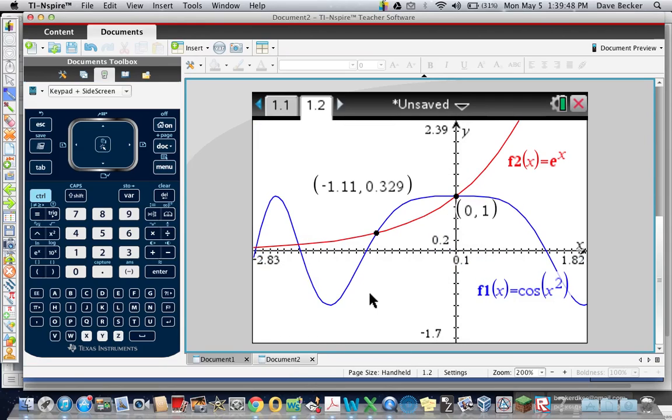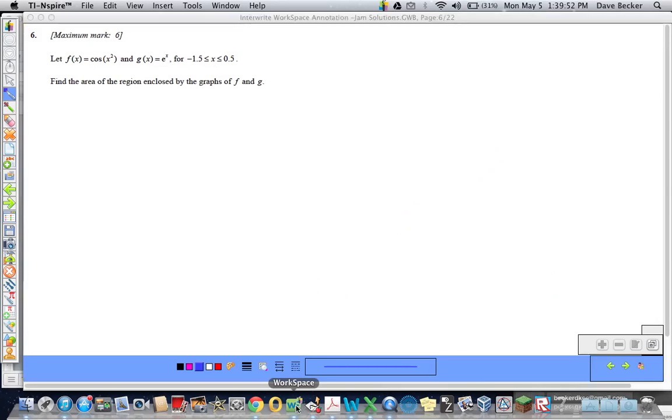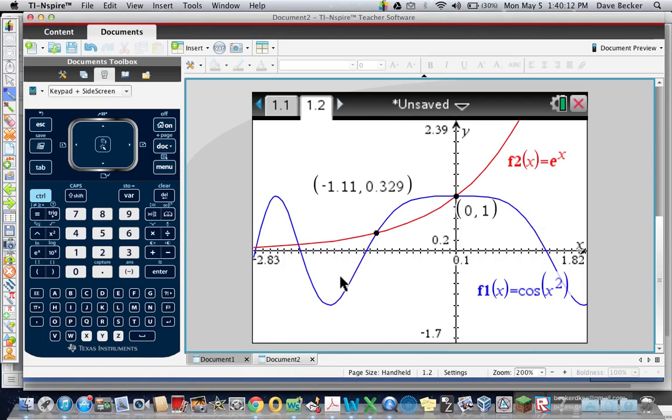Okay, so here's what you would need to do in order to get full credit for this problem. You would need to say area equals the integral from negative 1.11 to 0. And let's go back to the graph. Which graph is on top?